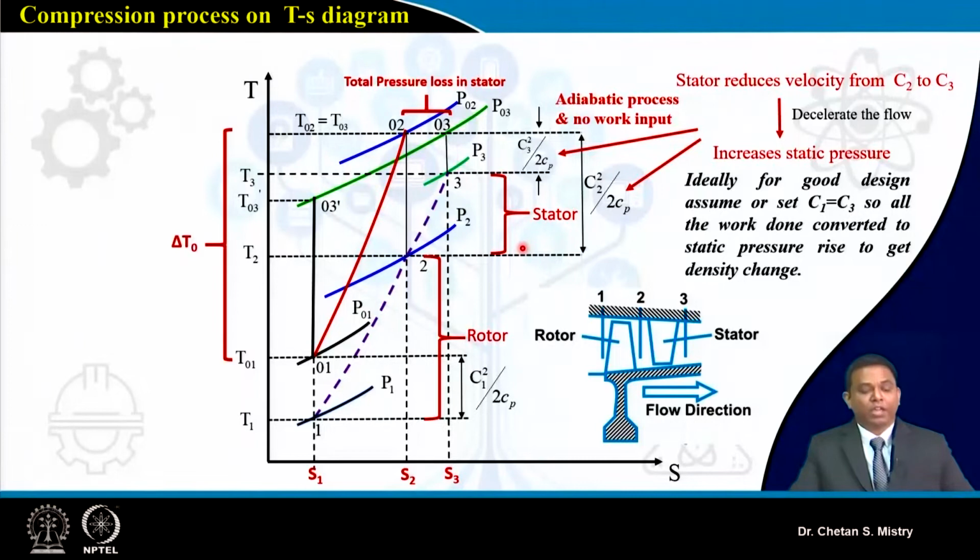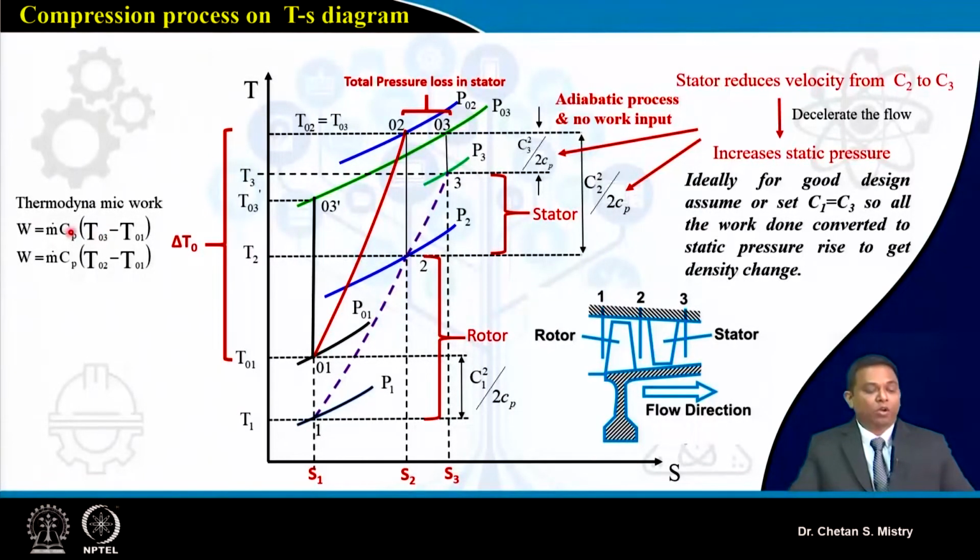Now in this case, if I want to define my compression work, then thermodynamically that's represented in terms of the rise of total temperature. So this total temperature rise I can write as delta T0. So let me put here, this is my thermodynamic work. My thermodynamic work is represented as m dot Cp into delta T0.